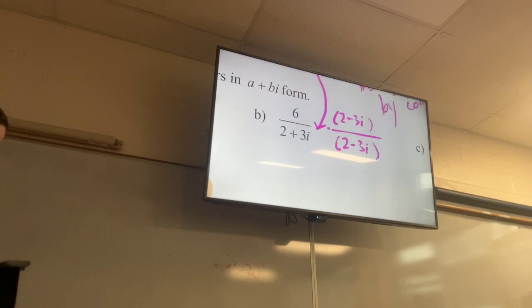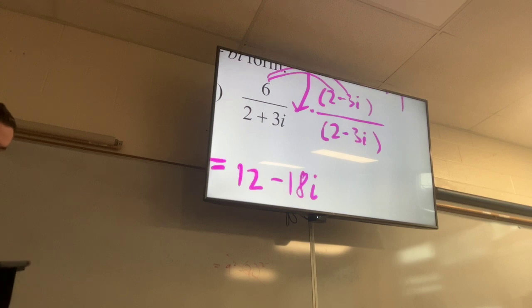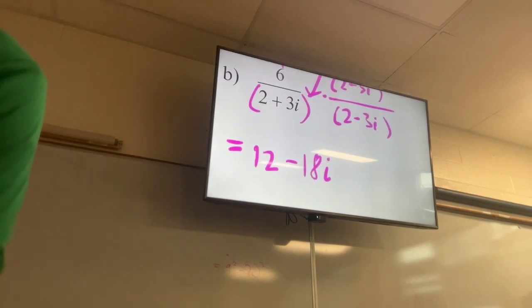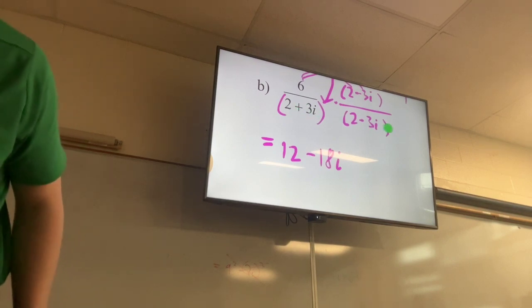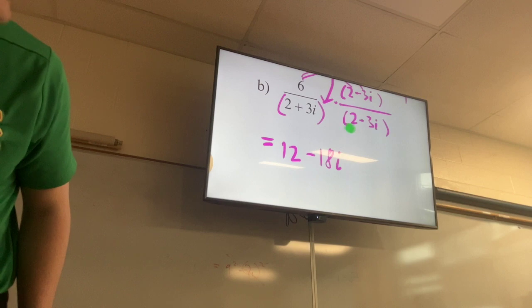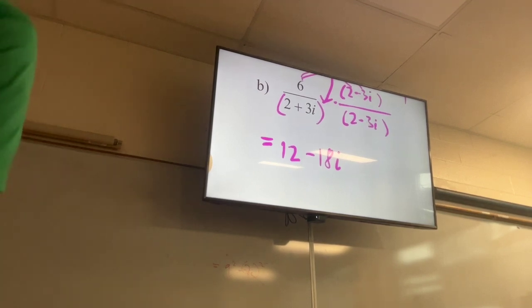Multiply on top: just distribute the 6. You get 12 minus 18i, and then FOIL in the bottom. When you multiply these two numbers together, it simplifies really nicely.